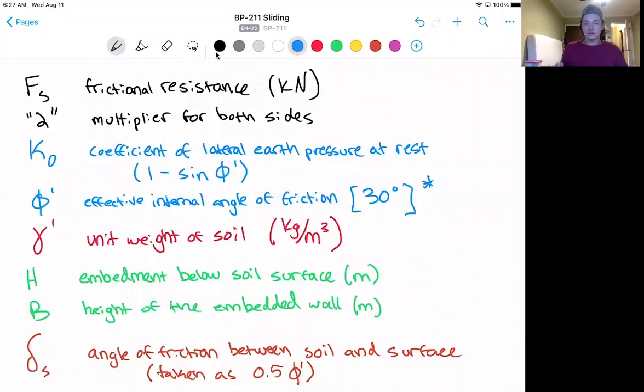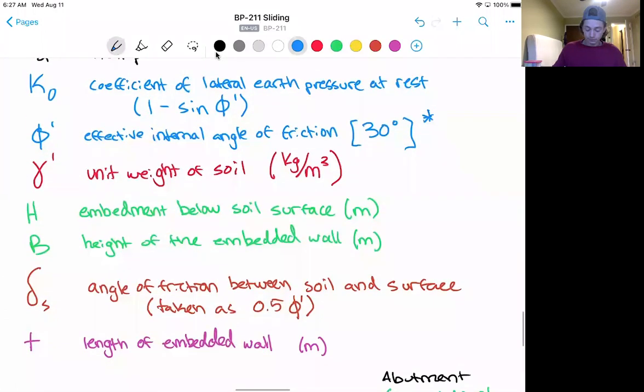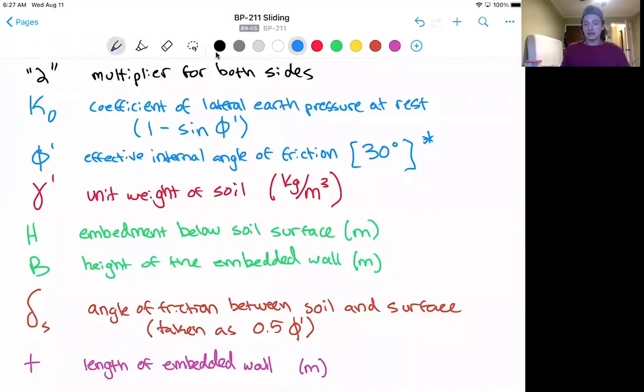And in the thesis, you can read further, this is taken as anywhere from 0.5 phi prime to 0.8 phi prime. So we'll take it as a more conservative 0.5 phi prime. And finally, T, or thickness, as it's told in the thesis, is actually the length of the embedded wall when we think of this geometrically.